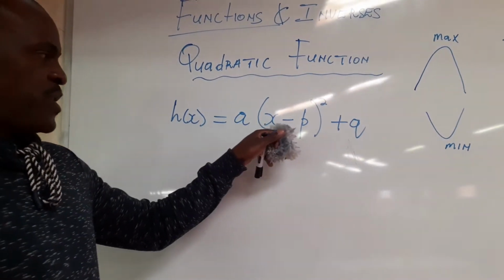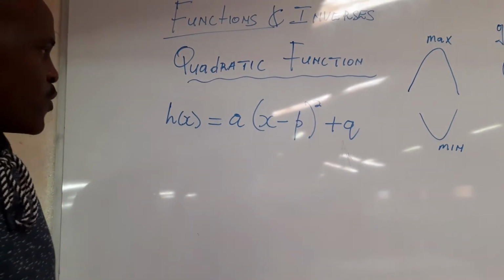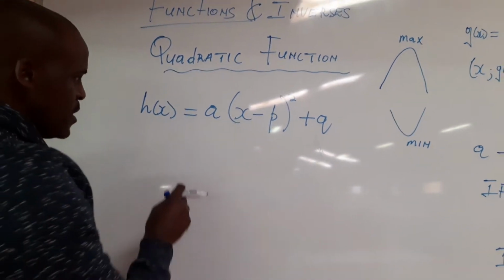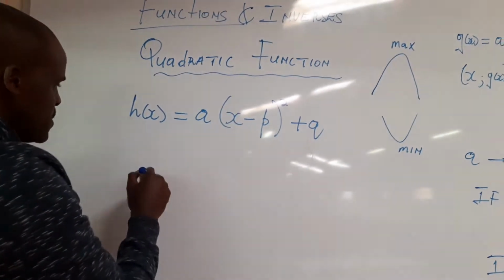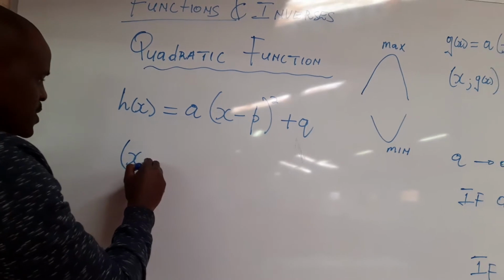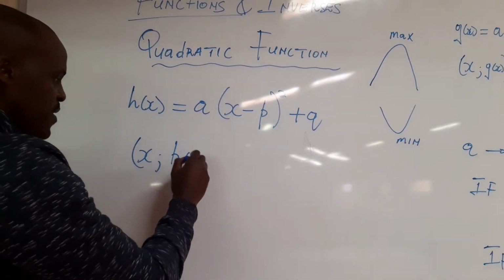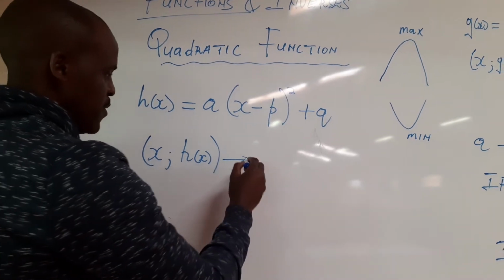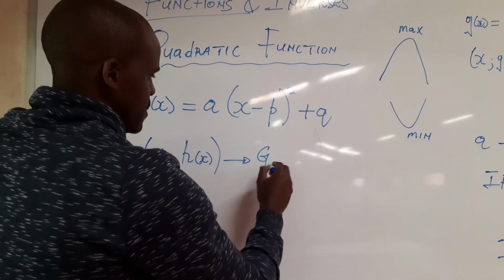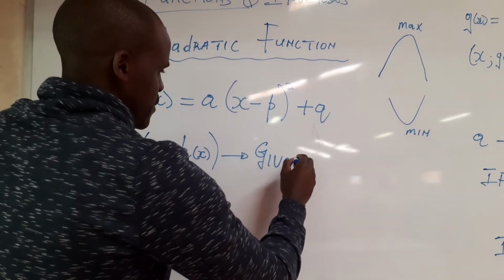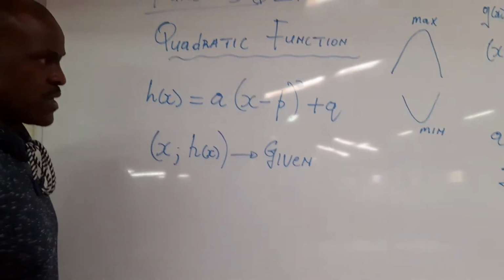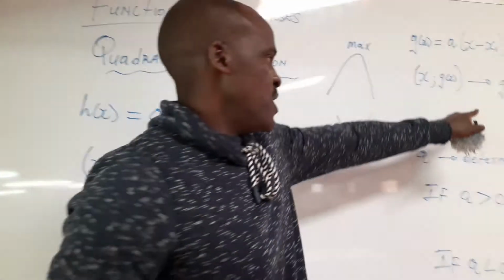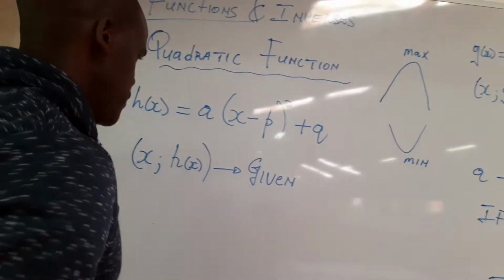We've got this. X is to y. Our y is given by h at x. This is the endpoint or given point. That's the given point, same meaning as that one, the given point.